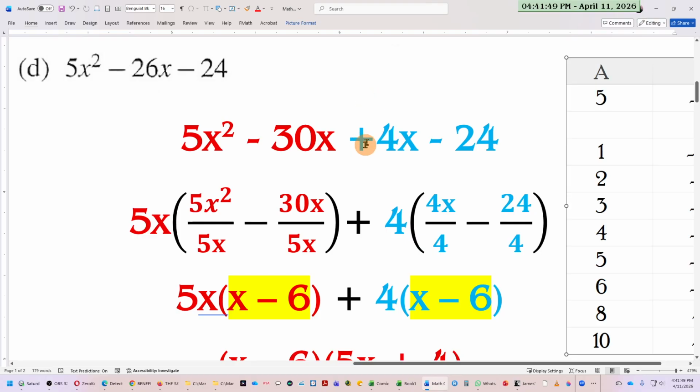But if the negative is in the middle, that means that when we get here, it will stay negative, and we would be reminded that when the negative goes into negative, you get positive. But notice I put the minus 30x and the plus 4. If these two terms were added, you still get a negative 26. So we haven't changed the value of the expression. We've just changed the way the expression looks.